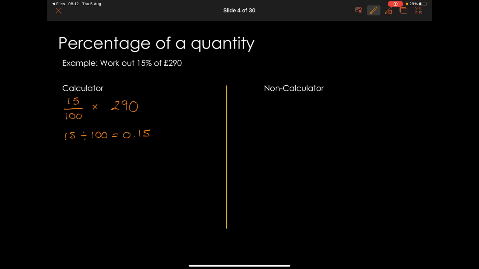Again, you might know that it's 0.15, because I would suggest that you get into the habit of turning percentages into decimals. It's very easy to do. 15% is 0.15.